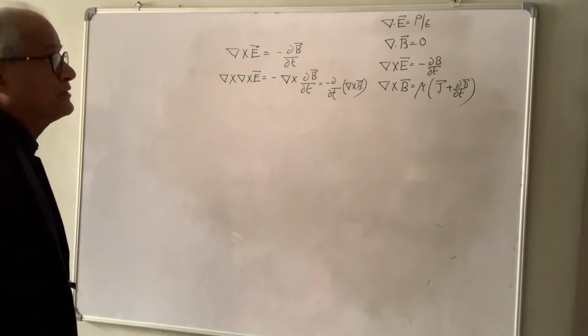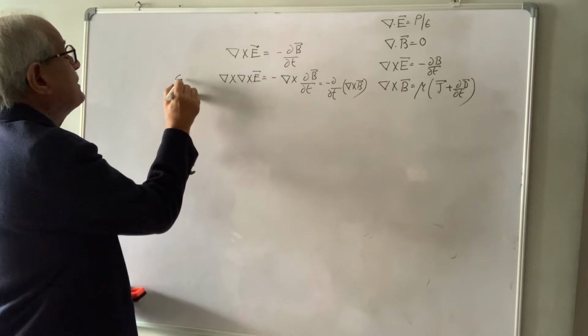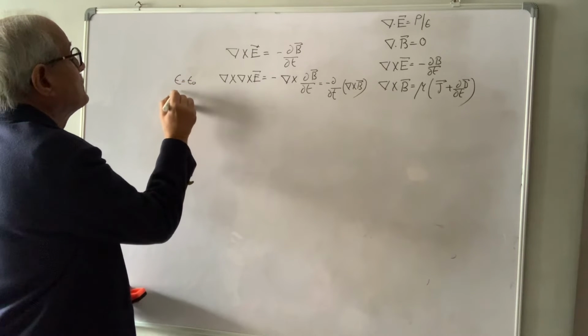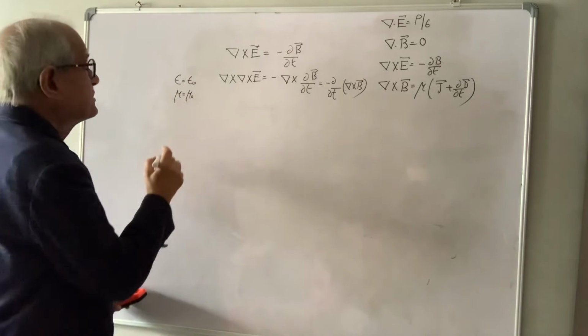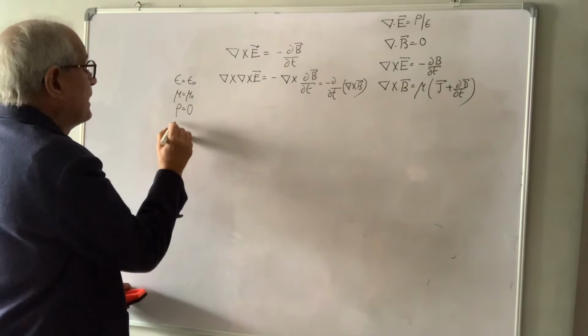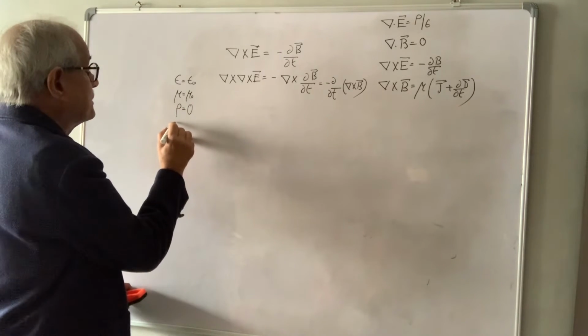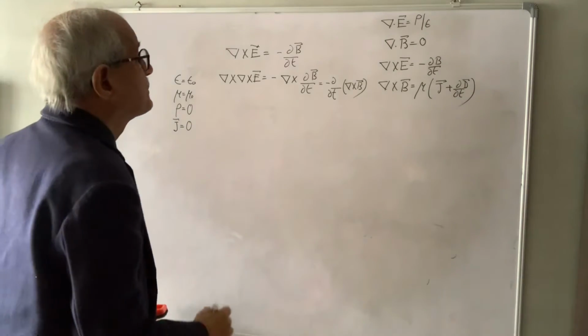Now for free space, epsilon is epsilon 0, mu is mu 0. There is no charge density, rho is 0, and there is no conduction current, that is J is also equal to 0.